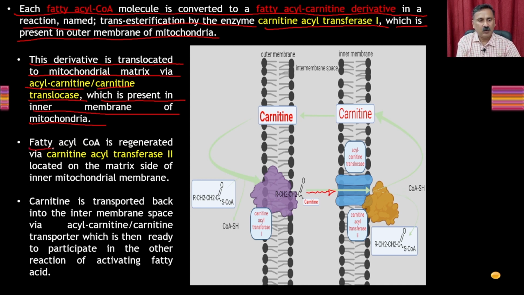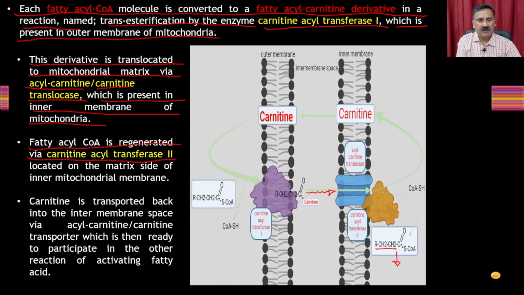And the fatty acyl CoA is regenerated by carnitine acyltransferase 2. Once it enters the mitochondrial matrix, carnitine acyltransferase 2 reverses the reaction. In the first step, the carnitine is tagged; in this step, the carnitine is removed from the fatty acyl CoA, and that's how the fatty acyl CoA is released into the matrix.